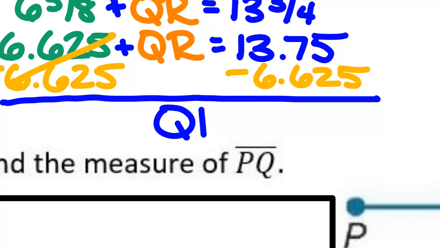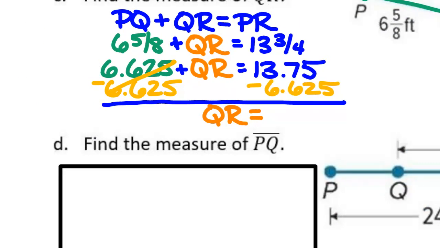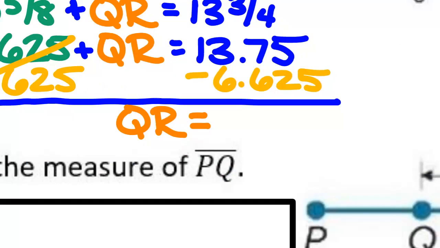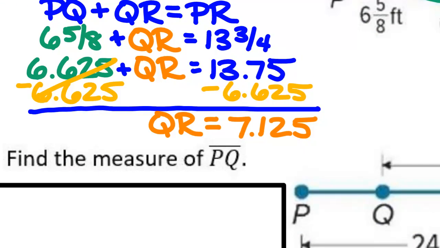I am okay if you are using your cell phone calculator right now. 13.75 minus 6.625. 7.125. Should we have units with that? What should those units be? Feet.